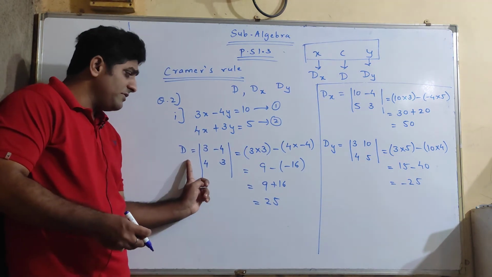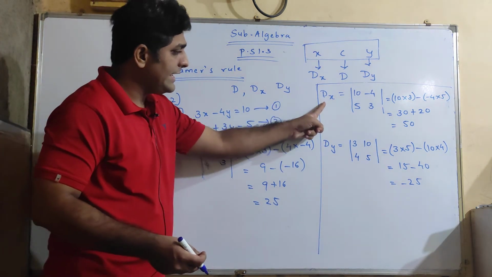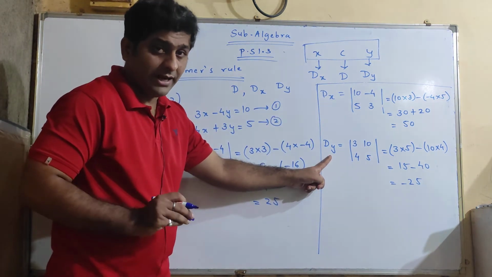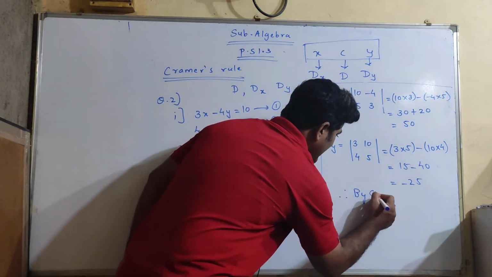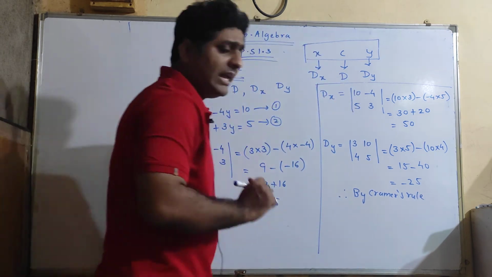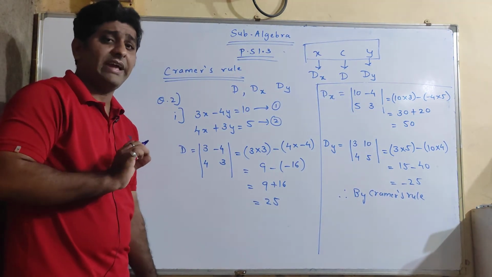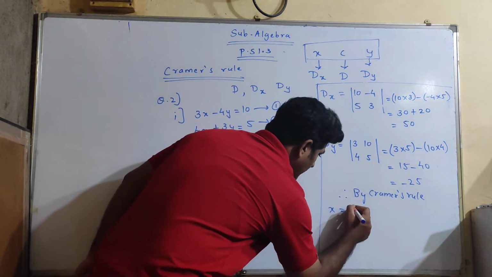Now after we get the 3 determinants, that is D, Dx and Dy, let's apply Cramer's rule. Now what exactly is a Cramer's rule? Now this rule will help us to find the value of x and y. So how we can find x? So there is a formula for x.